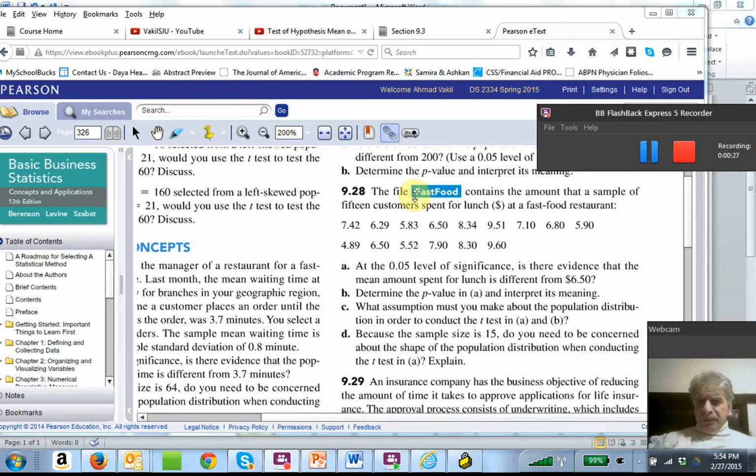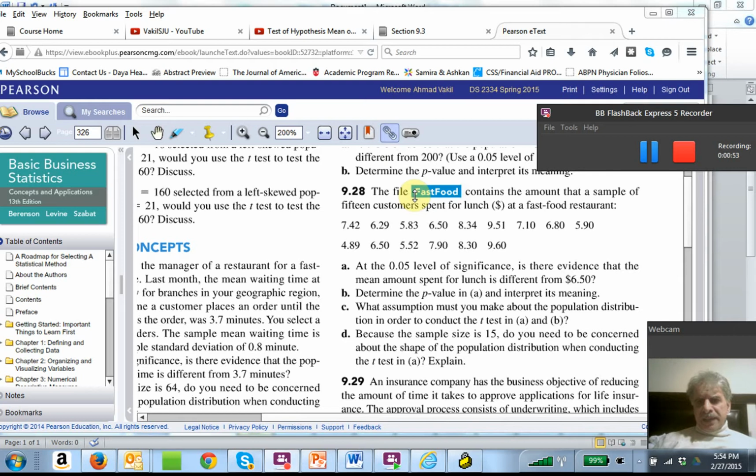The file fast food contains the amount that a sample of 15 customers spent for lunch at a fast food restaurant. So the data is given, and part A is asking, at the 0.05 level of significance, is there evidence that the mean amount spent for lunch is different from $6.50?